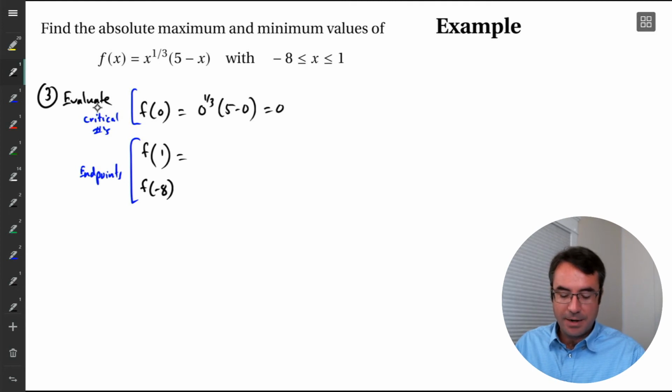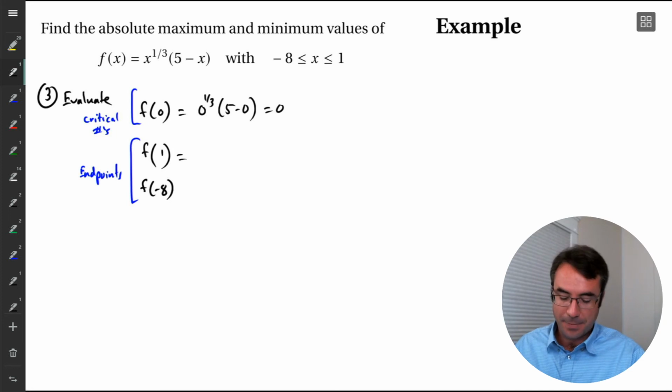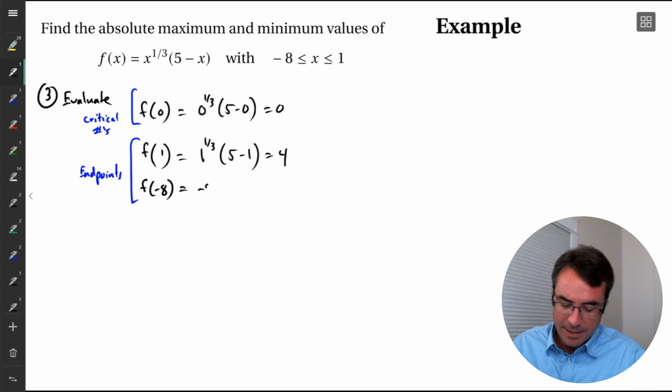So where we're evaluating, we're plugging into the original function. If we plug 1 in, we get 1 raised to the 1/3 power times 5 minus 1, which is 4. And then when we plug in -8, we get -8 raised to the 1/3 power times 5 minus -8.